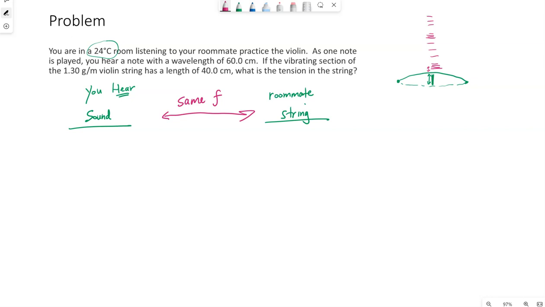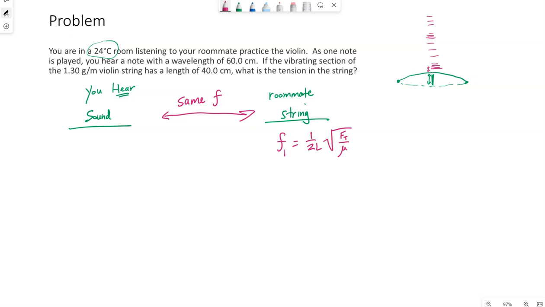We're trying to find the force of tension in the string itself. And as I have mentioned before, we can always assume a stringed instrument plays the fundamental frequency, unless the problem specifically specifies something else. And so the equation that will apply to the string, this fundamental frequency, will be f1 = 1 over 2L times the square root of T over mu. L is the vibrating section of the string.